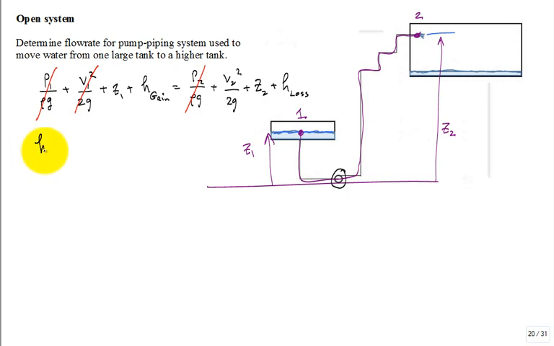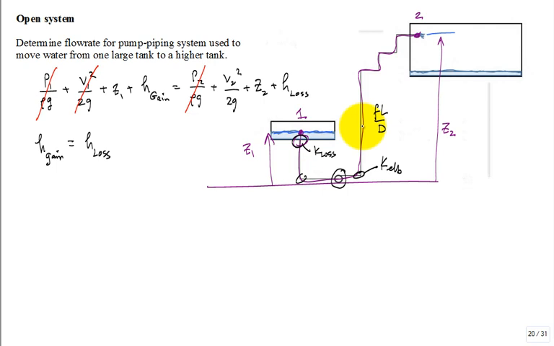So the head gain due to the pump is going to balance the head loss due to the inlet right here. We're going to have a loss, let me change color, K loss due to elbows, K elbows, and then the fL over D for the straight runs, the major and minor losses.